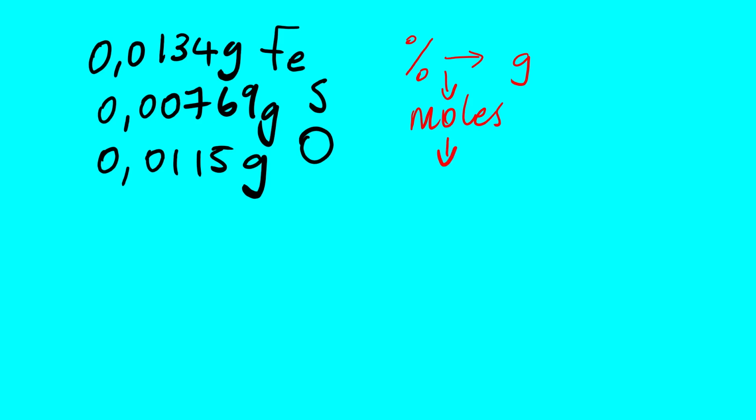After the number of moles, you divide each and every element by the smallest number of moles among these three elements or more. And from there, that is when you'll get your empirical formula.